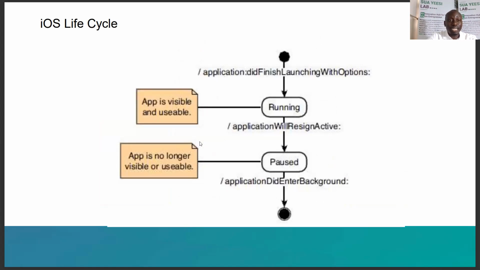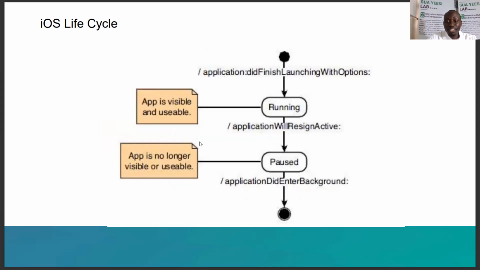This is again the iOS life cycle of a mobile app already developed and running on your mobile phone. If you see the difference between Android and iOS, the iOS life cycle is simple compared to the Android mobile apps life cycle.